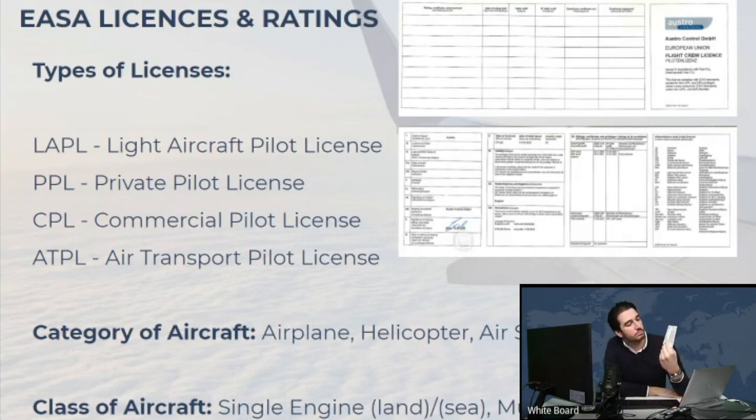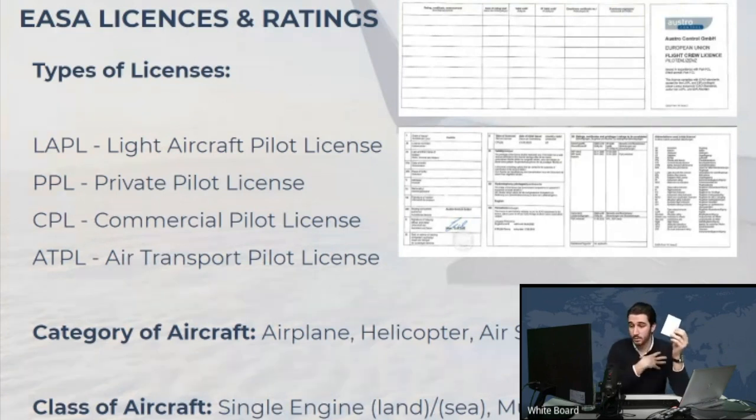So you have IFR, you have CPL, you have flight instructor license, everything is indicated here. Every time you get a new rating or license, the authority will release a new one, or, depending on the authority, they will just put a stamp there in addition. My authority releases a new one. This is more or less how it works.